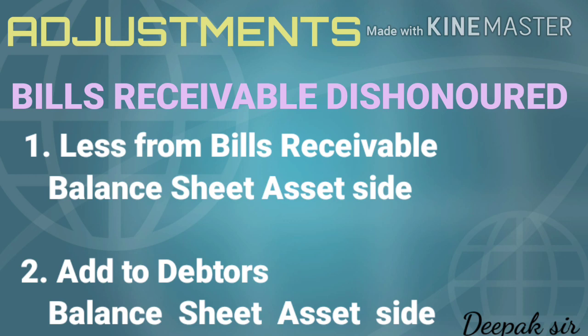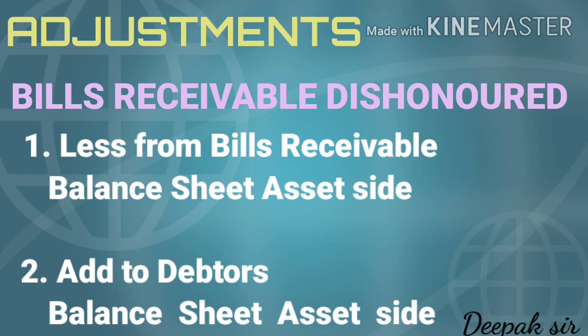Now we are not going to receive the amount, and this particular amount was receivable from debtors. Since it is cancelled, we still have to receive this amount from debtors, so our debtors will increase. So the second effect of this will also come in balance sheet asset side. We have to add to debtors.